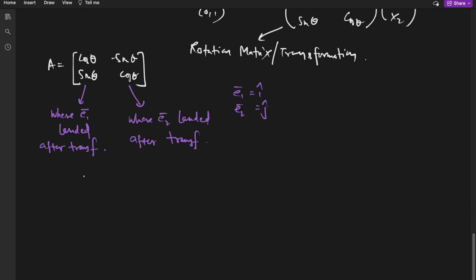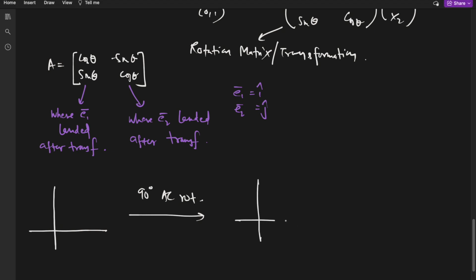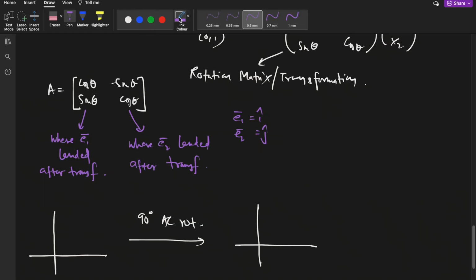Okay, so let us suppose the same thing, we have this xy plane and we rotate this xy plane, a linear transformation, let us suppose a 90-degree anti-clockwise rotation, right? So where will i hat and j hat land after this?